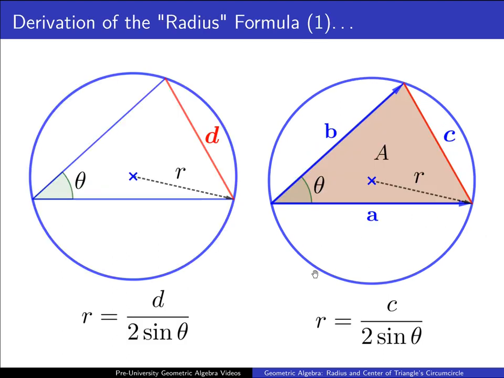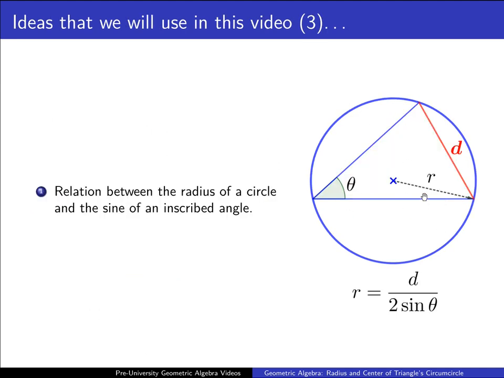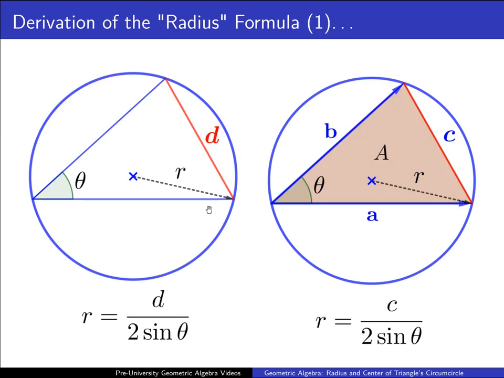So going on to our derivation for a radius formula, this is the diagram that we saw just a moment ago. We'll start from there. The radius, in terms of our circumcircle and vectors here, is the length of this side opposite the angle divided by twice the sine of that angle.